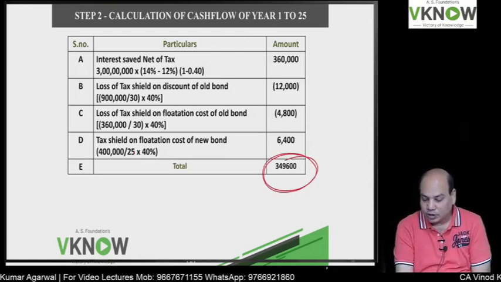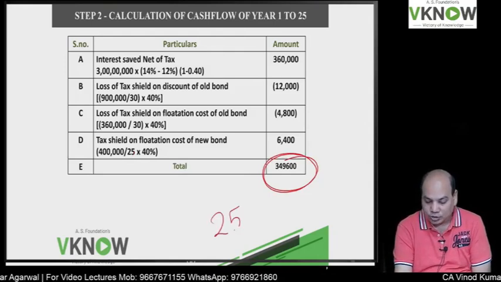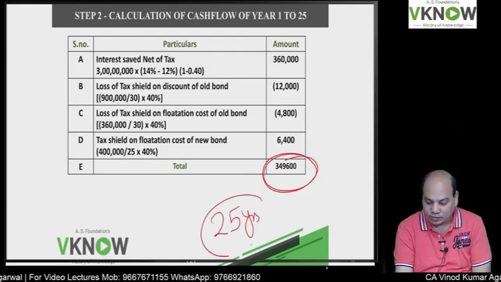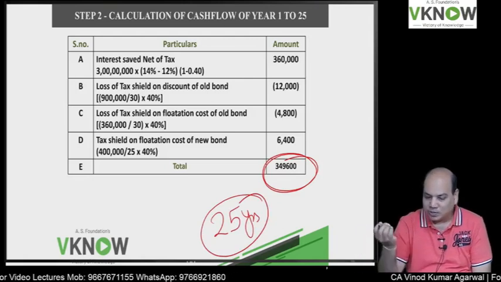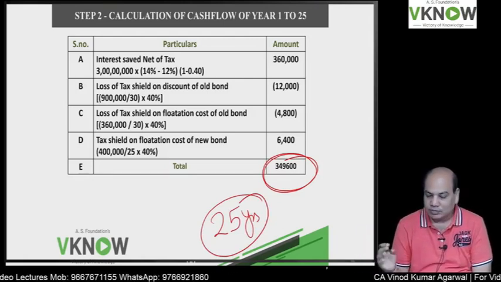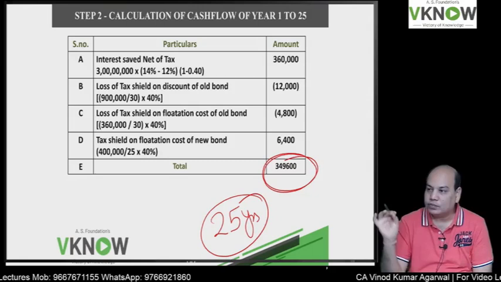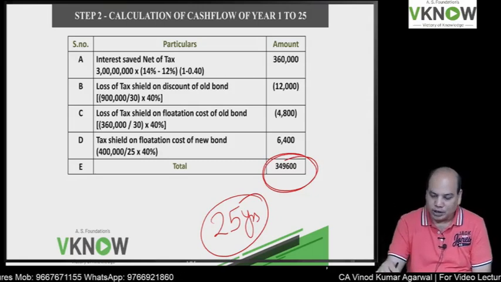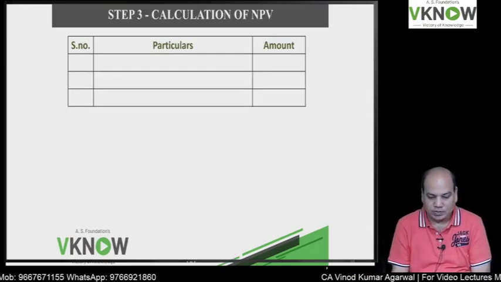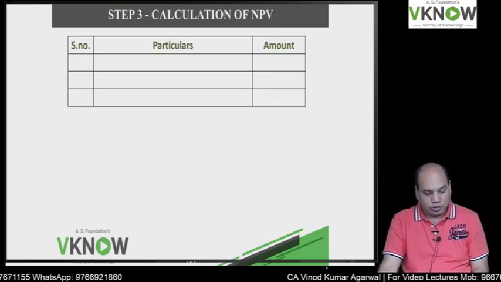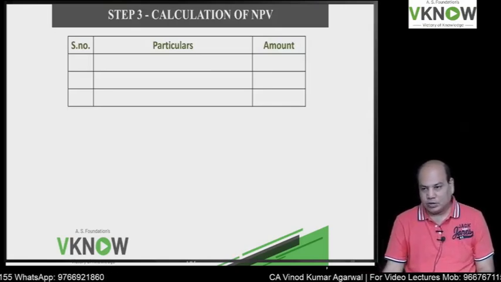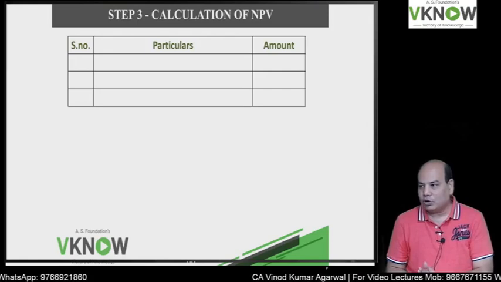This you will get for how many years? 25 years. Every year it becomes an annuity. So by multiplying by the annuity factor, we will get the PV of saving, the PV of benefit. So write down my step number 3, which is NPV calculation. This is a very good presentation, and if you write like this, you will get full marks.